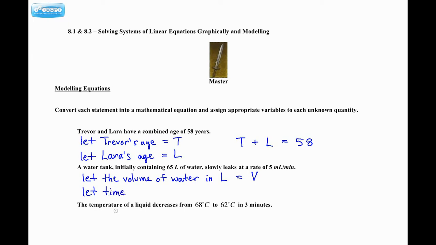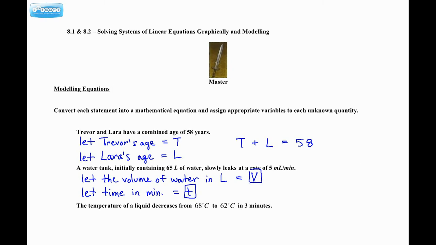What are the units of time? Well, it's only mentioned once here in minutes, so I might as well keep it in minutes. So let time in minutes equal T.